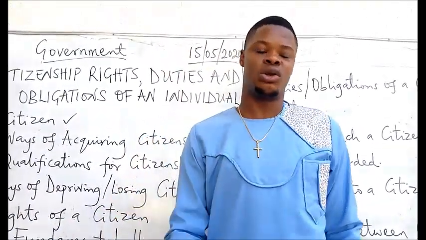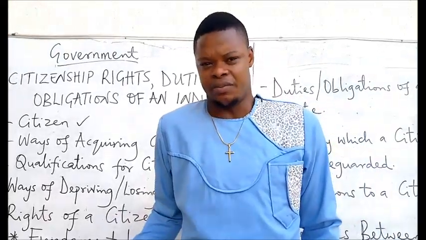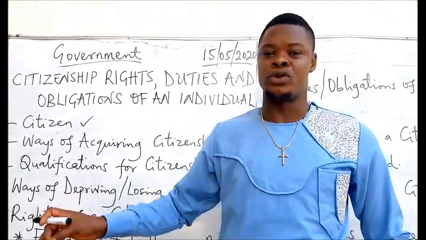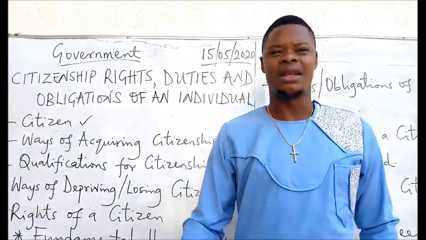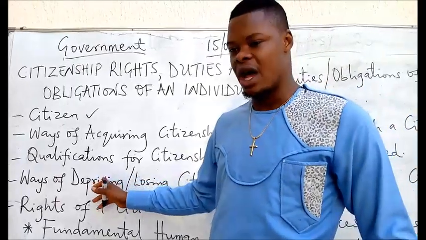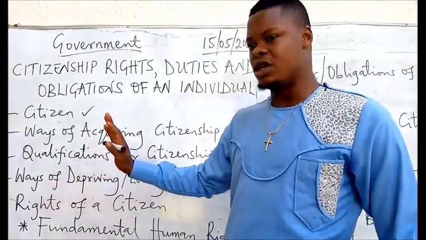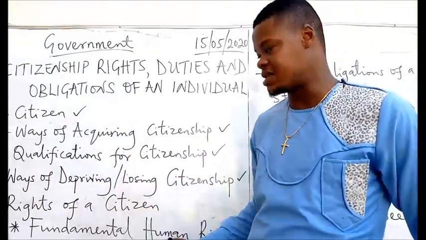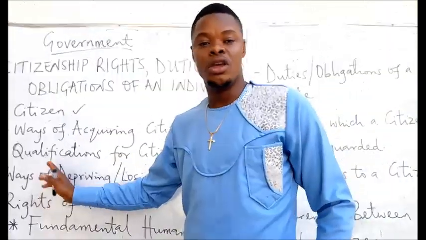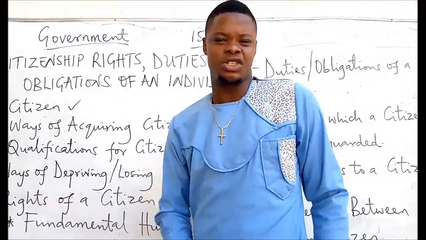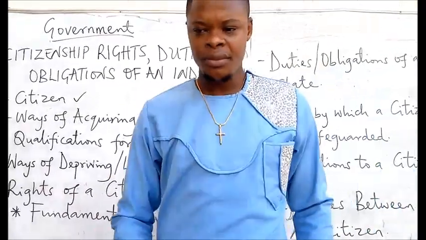When you show disloyalty, you can lose the citizenship that was given to you. Most times it happens in naturalization and sometimes even in marriage. So a person must be loyal before he or she is accepted as a citizen, and if he or she shows signs of disloyalty, the citizenship can be taken away.